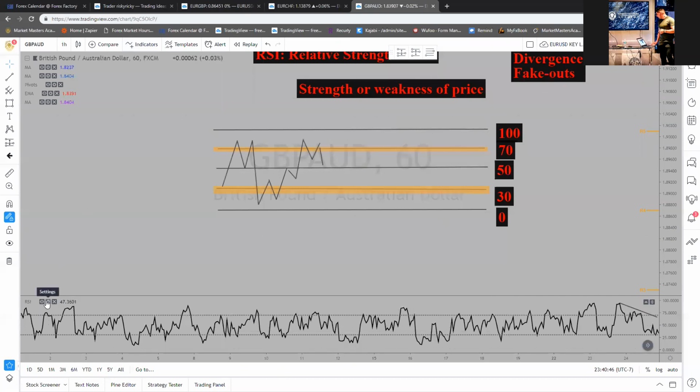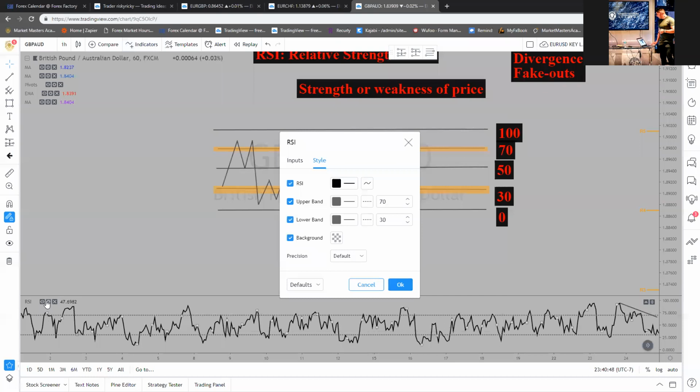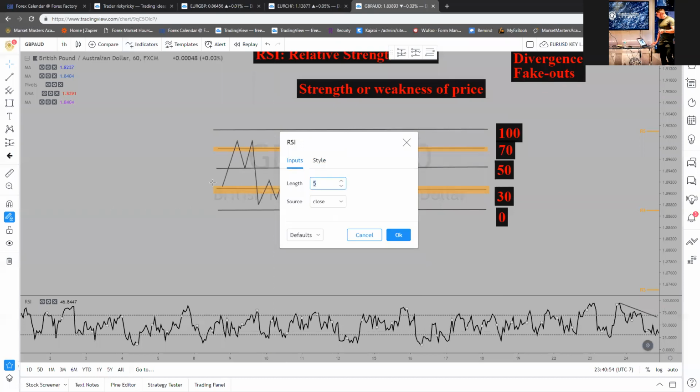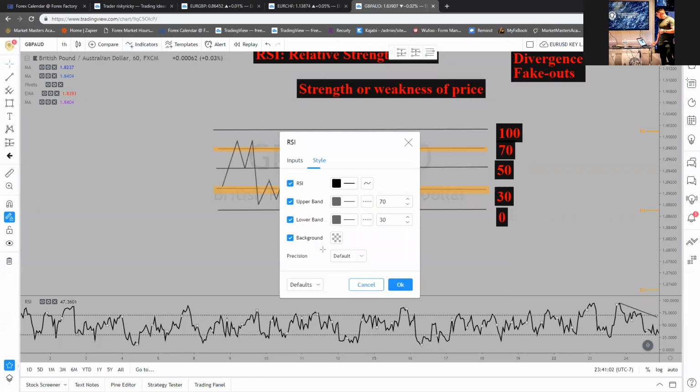Make sure these are the right settings that you put in. Input 5 as the length. The source, you have to make sure that it's under close. The style, you can style it however you want. We have the 70 and then the 30.